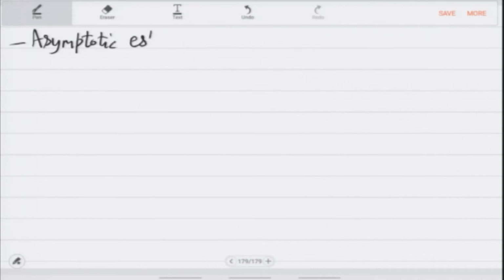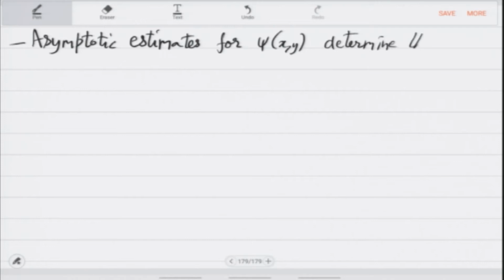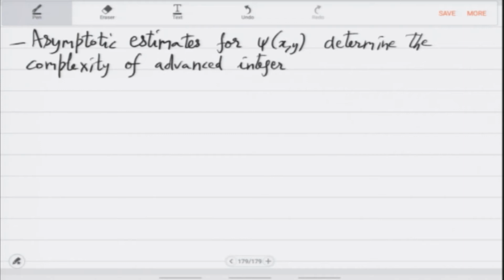So asymptotic estimates for psi(x, y) determine the complexity of advanced integer factoring algorithms.